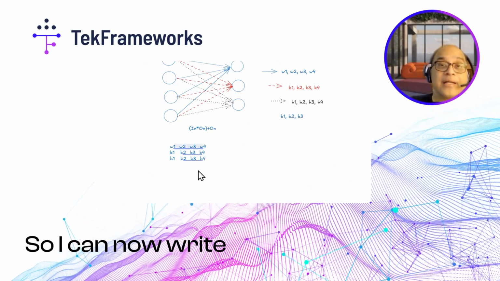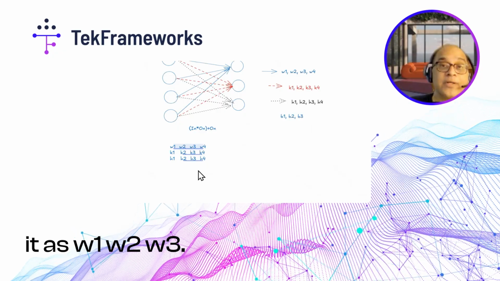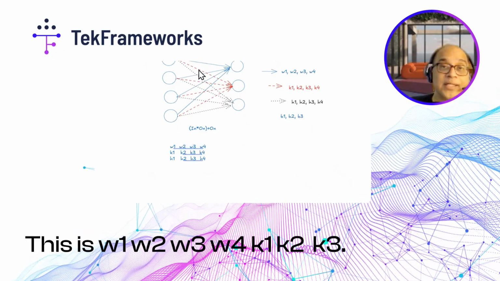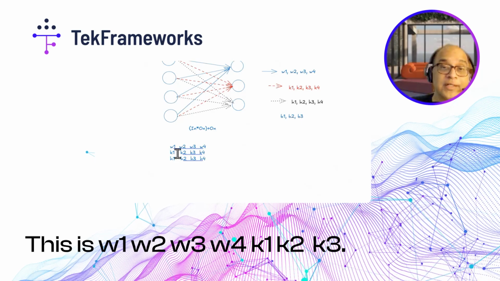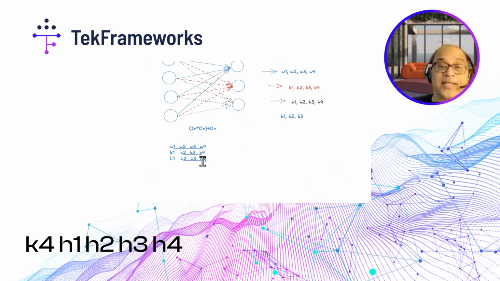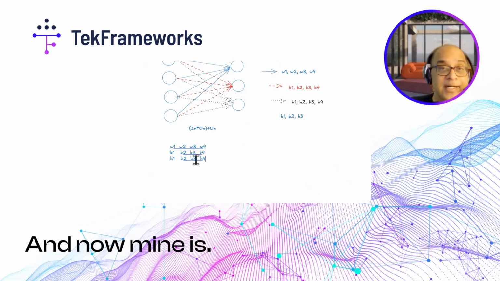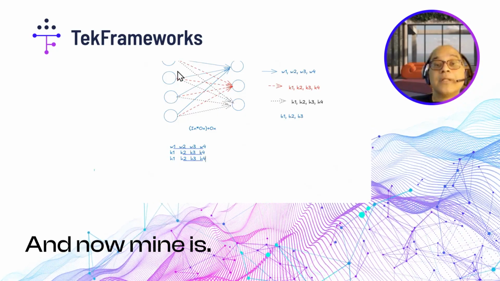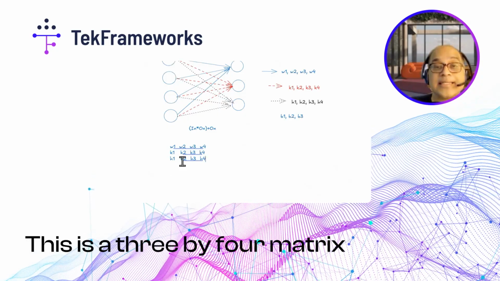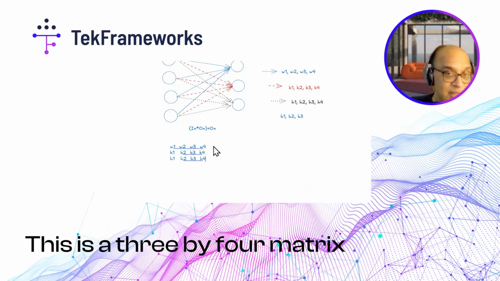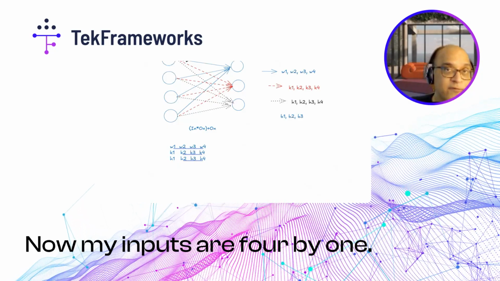So I can now write it as this: W1, W2, W3, W4, K1, K2, K3, K4, H1, H2, H3, H4. And now this is a 3 by 4 matrix. Now my inputs are 4 by 1.